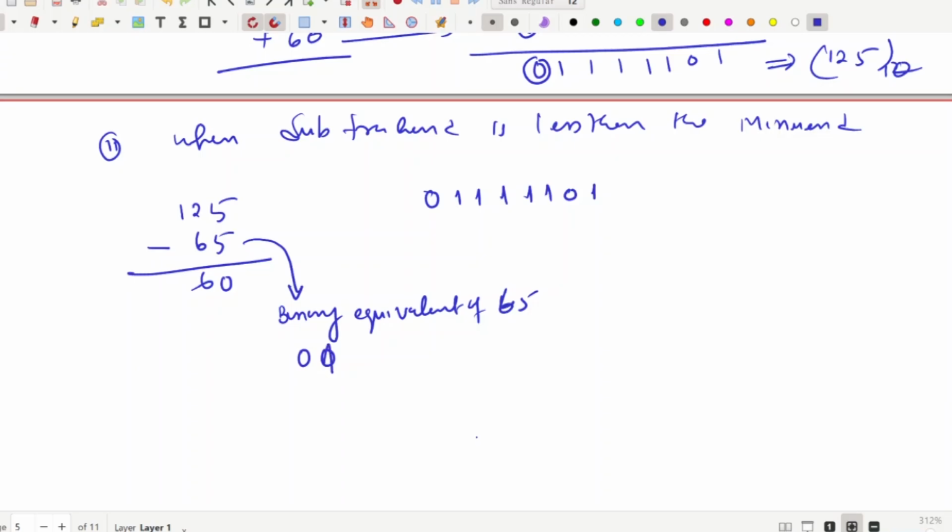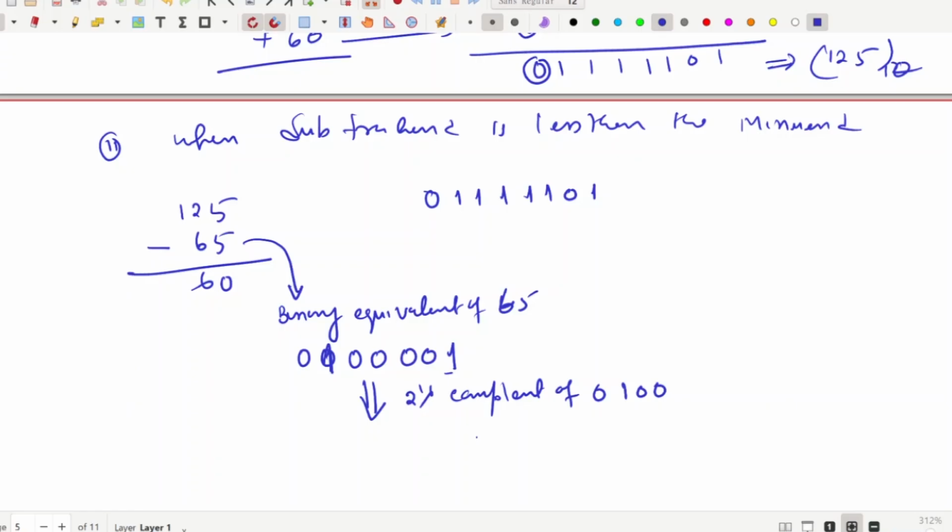Then for representing minus 65, suppose we perform it using 2's complement notation. Here we take the 2's complement of 0 1 0 0 0 0 0 1. What is 2's complement?